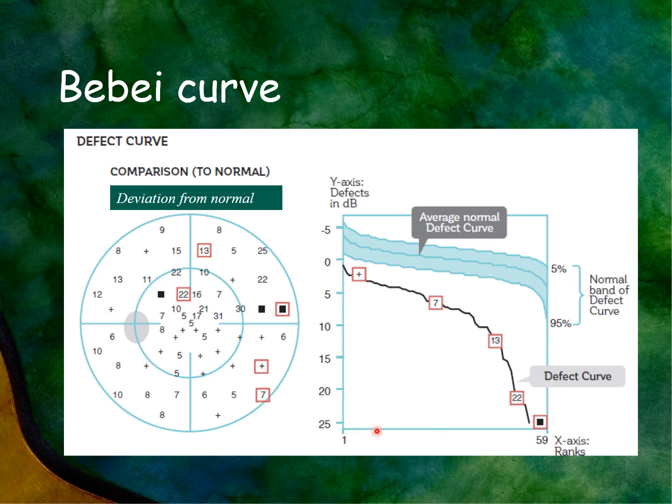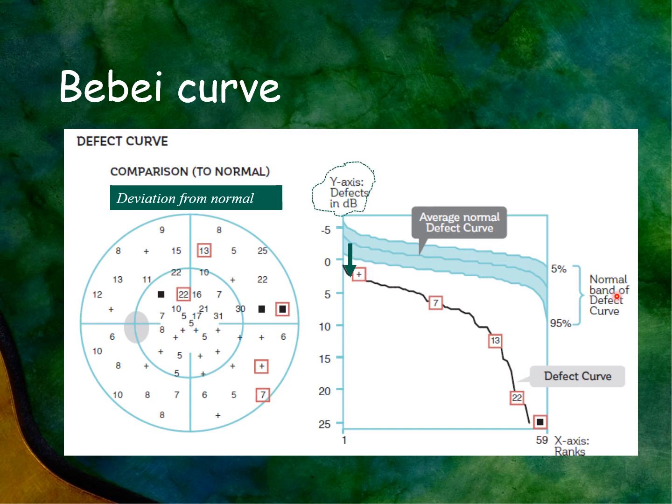Number 1, 2, 3, 4 on this end we have small defects, while on this extreme end we have large defects. The blue zone here, this is the normal curve. So the patient's recorded values are deviated from the normal.